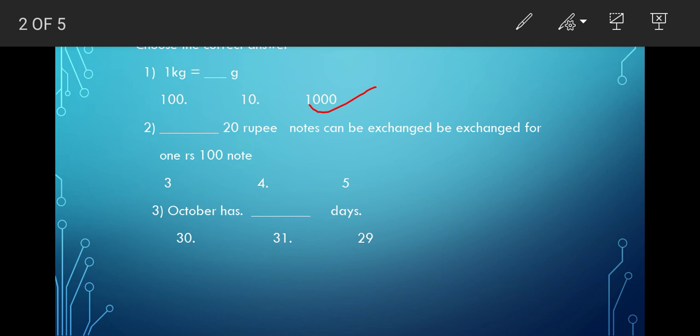Dash 20 rupee note can be exchanged for... this is coming 2 times, isn't it? So cut this one. Can be exchanged for 1 rupee 100 notes. So how many notes can be exchanged, children?